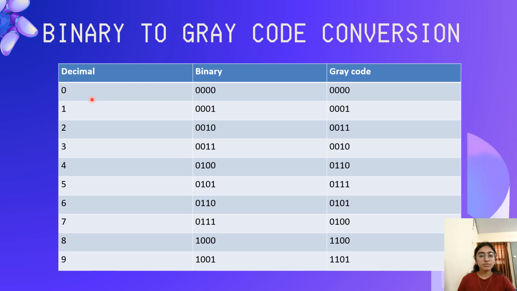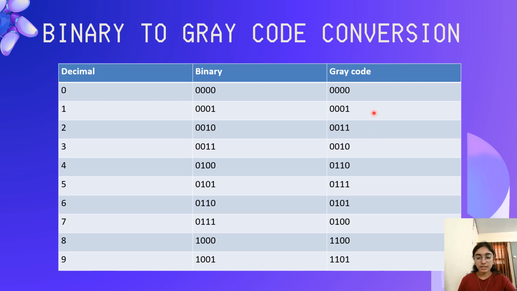First, 0 for binary is 000, for gray code 000. For 1, 0001, for gray code 0001. As I have told, the first bit remains the same. Then for 2, 0010, and for gray code 0011.